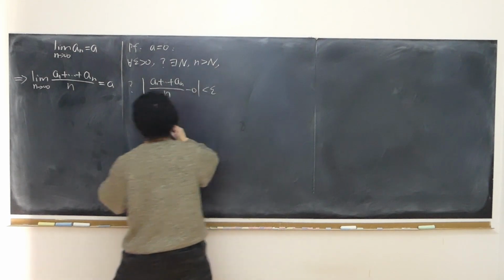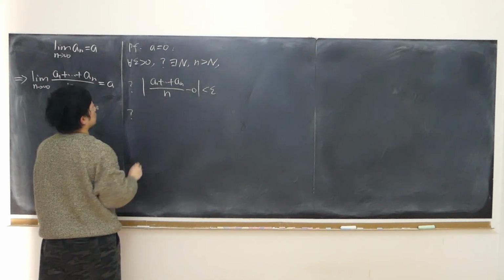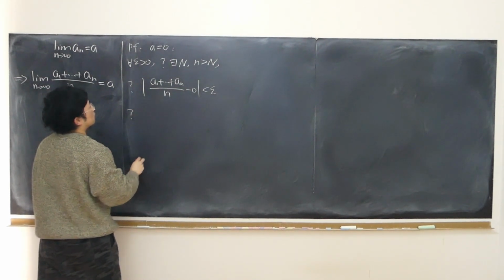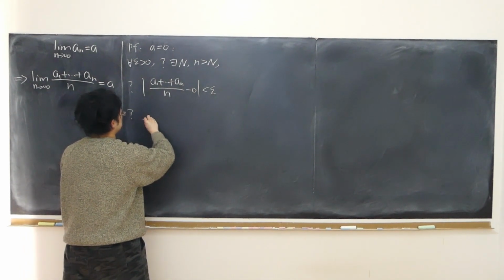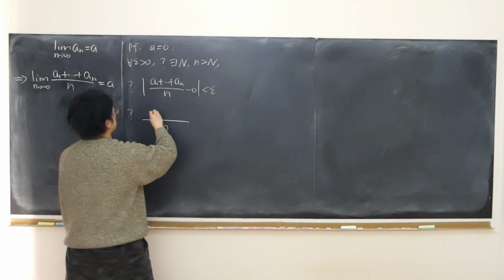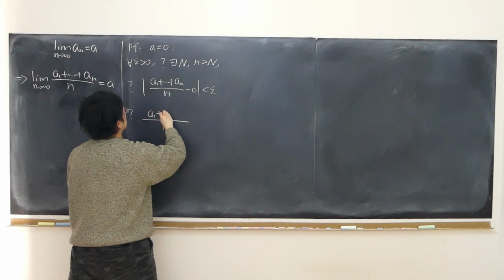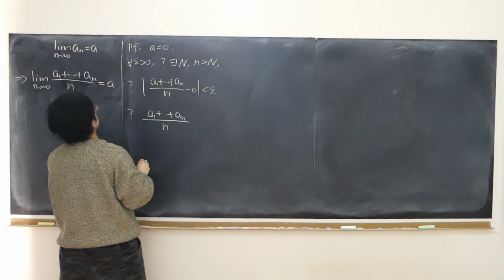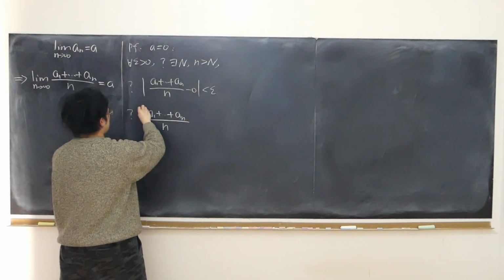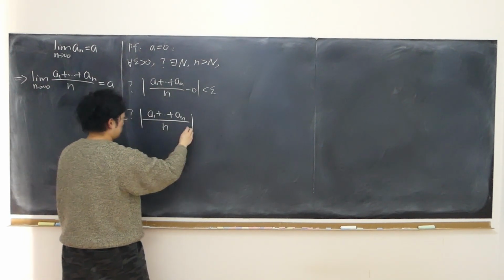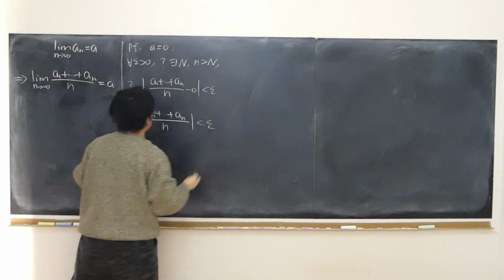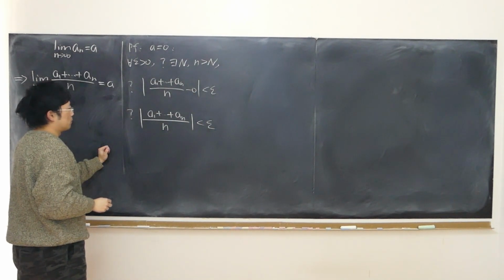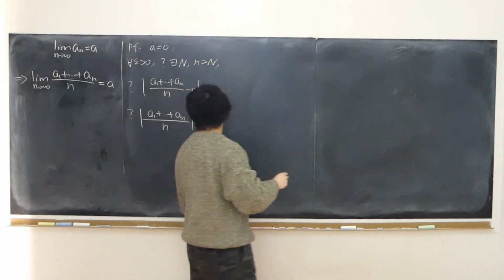In other words, can I show that (A1 plus ... plus An)/n, which could be positive or negative, but anyway in absolute value, can it be small enough?